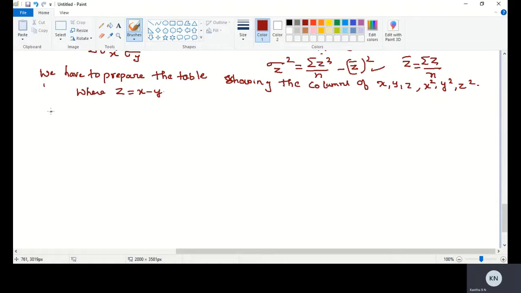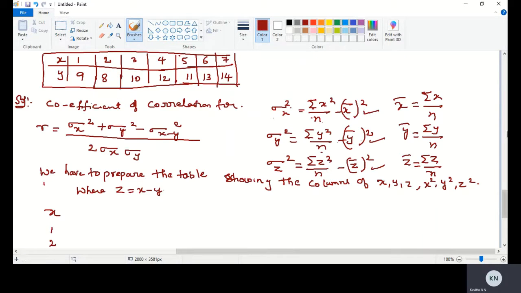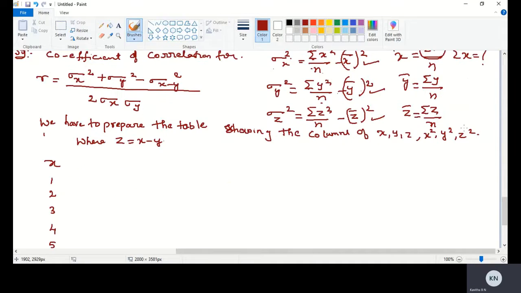Write down here x values: 1, 2, 3, 4, 5, 6, 7. Okay, observe here, summation of x we need to find. How to find the summation of x?